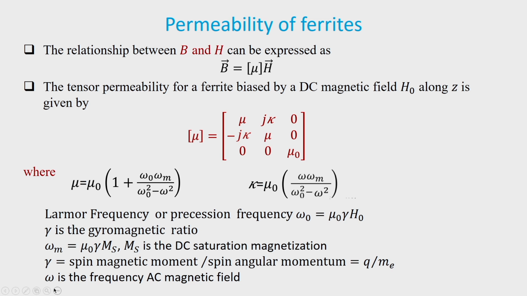Now, in ferrite material, we will have waves propagating, and omega is the frequency of the AC magnetic field component that is present. So, we see that the magnetic field and the flux density in a ferrite medium are related by this permeability tensor mu.